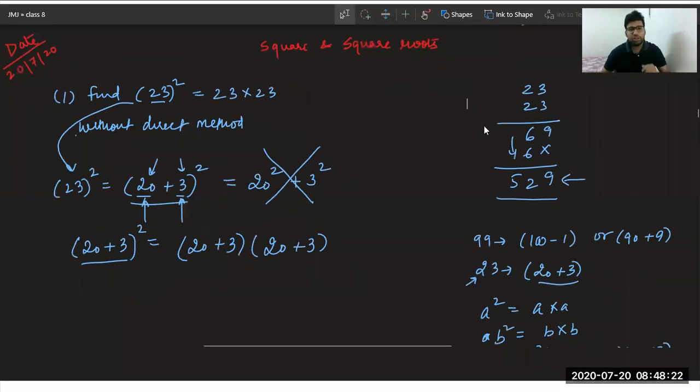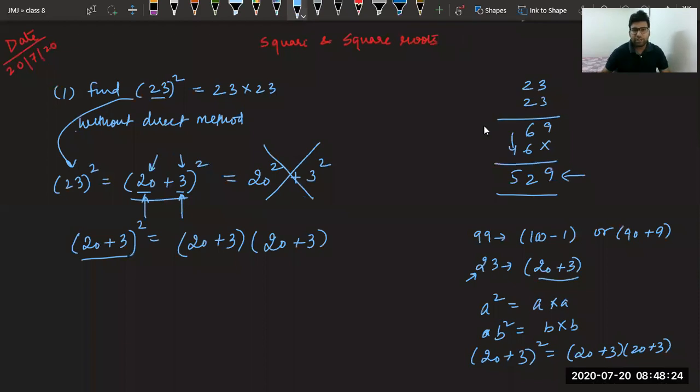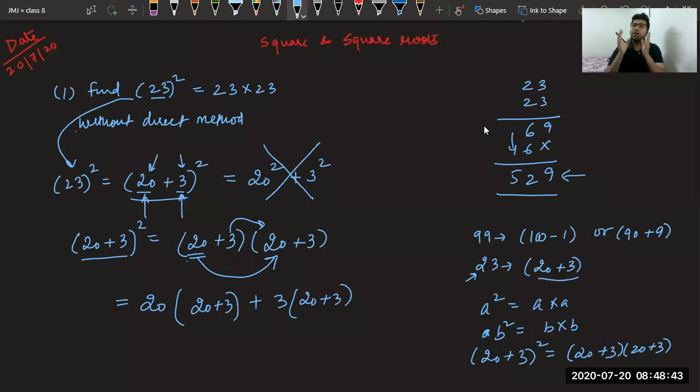What we do in distributive property, we take the first bracket 20. First we multiply 20 in the complete bracket, then plus sign, then 3 in the complete bracket, like this: 20 into (20 plus 3) plus 3 into (20 plus 3). Very simple. Suppose you have two numbers (A plus B) into (C plus D).